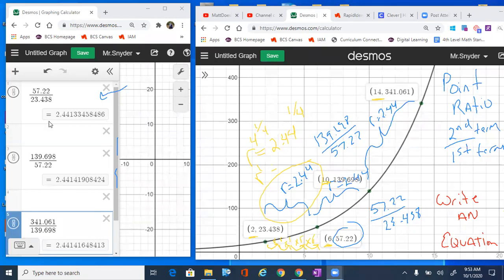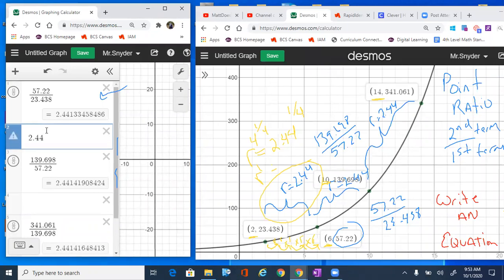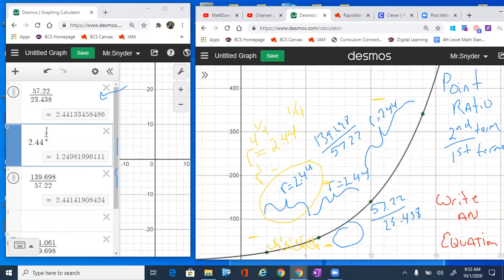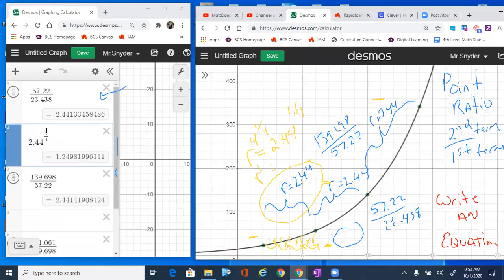Let's do 2.44 to the 1/4. What does it come out to be? 1.249. Let's round it to 1.25. So R to the 1st is 1.25, and there is our rate.